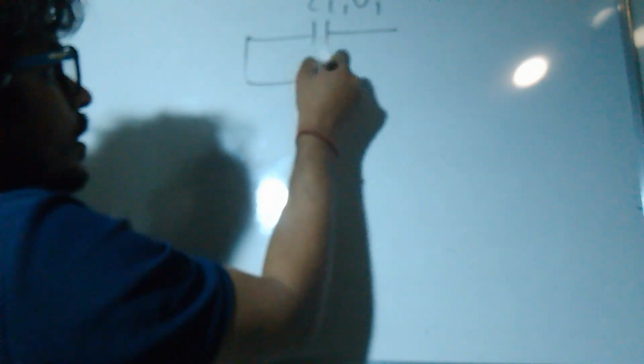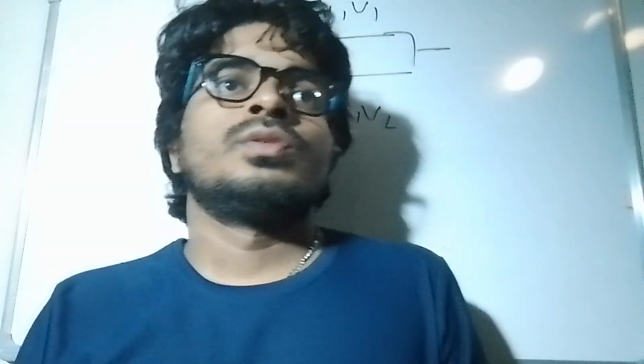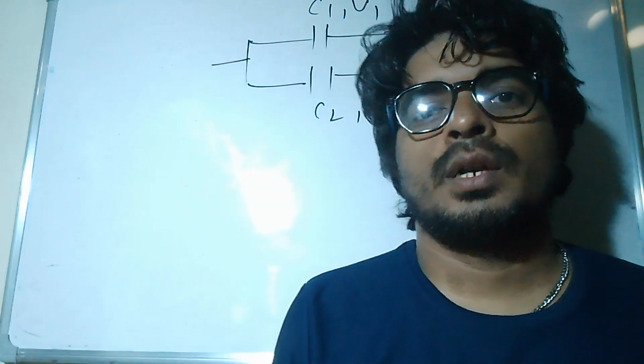So we are connecting this C1 of voltage V1, and we are connecting C2 of voltage V2. We need to find out the energy loss during this process. I already told you what energy loss is, that is Q into V. From there you can find out the total energy, and half of the energy will be stored in the capacitor, half of the energy will be dissipated.